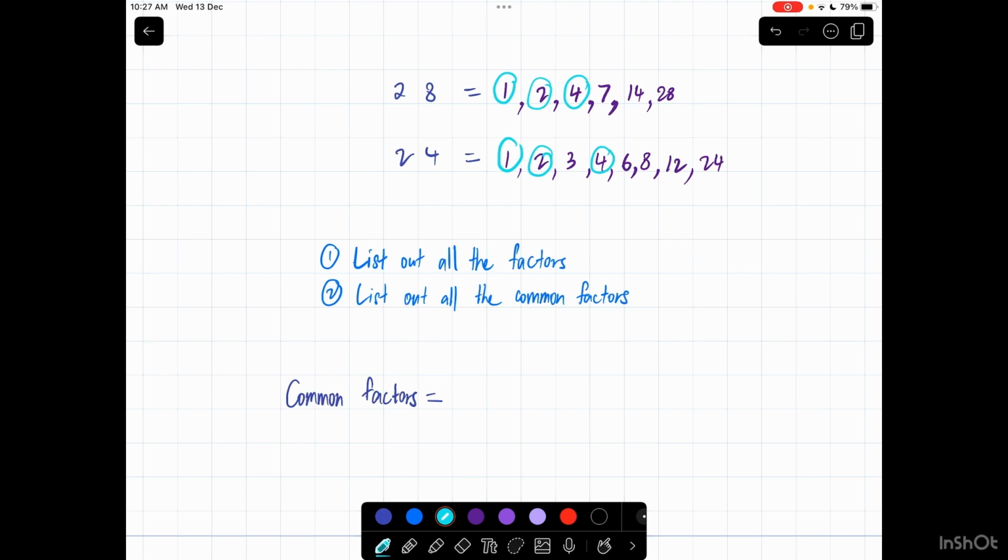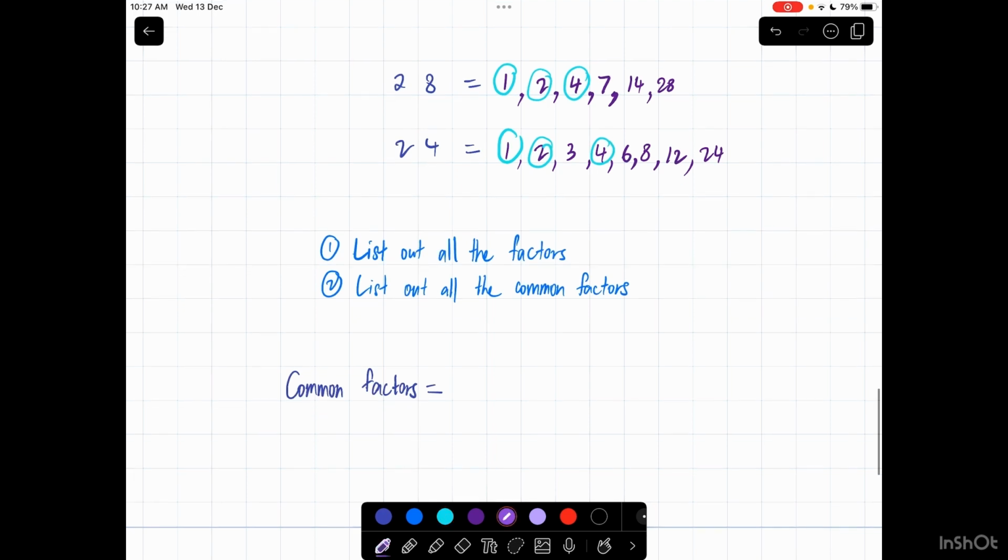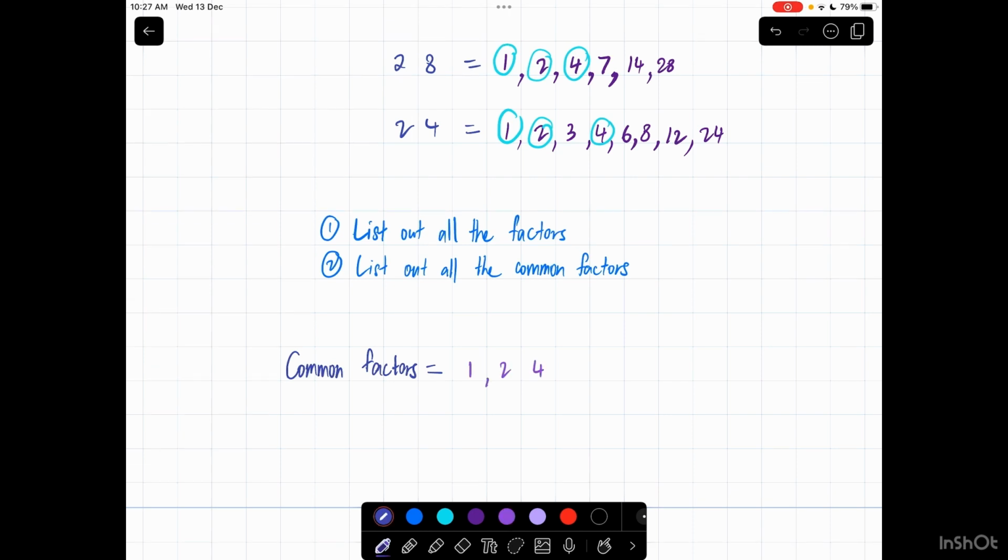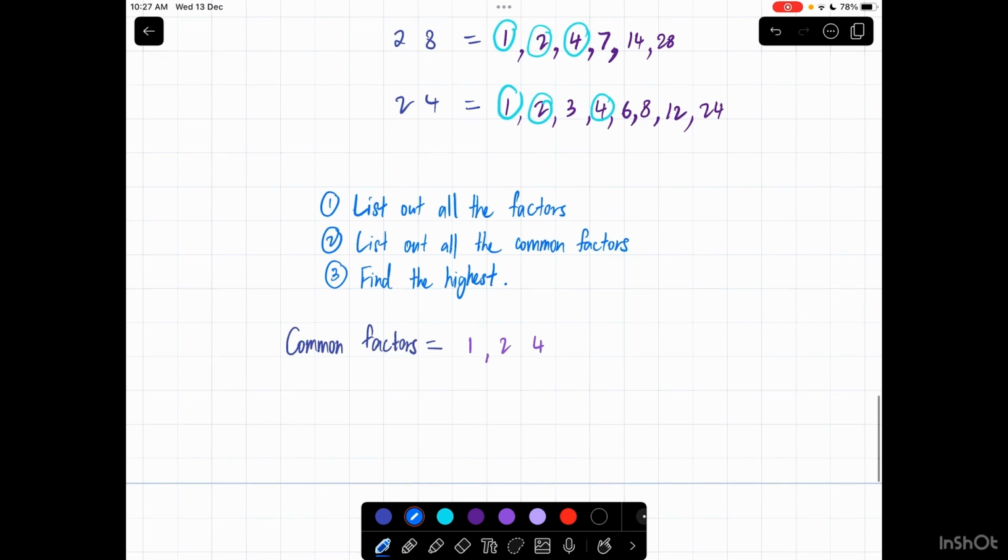So the common factors of the numbers 24 and 28 are 1, 2, 4. And then the third step after finding the common factors is to find the highest. So 1, 2, 4, which one is the highest one?